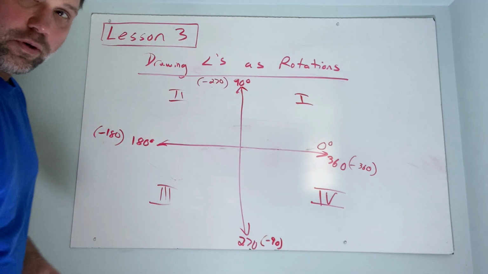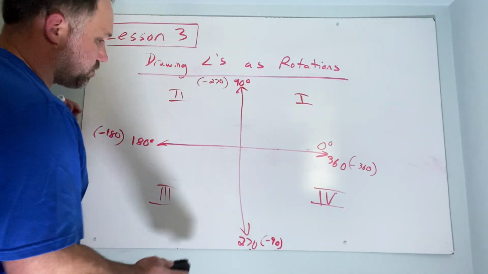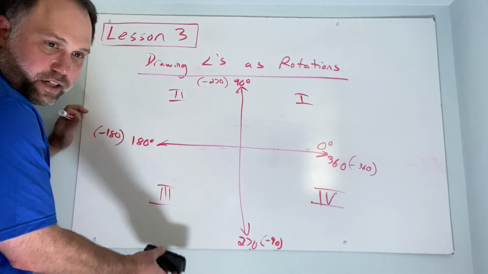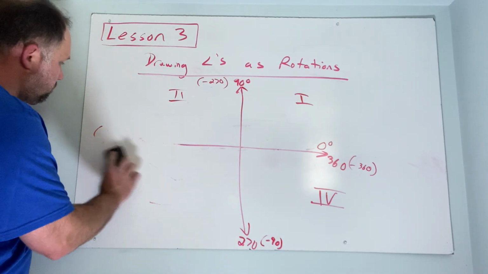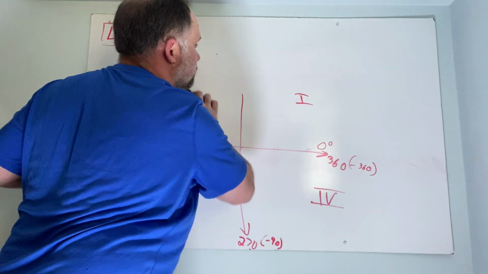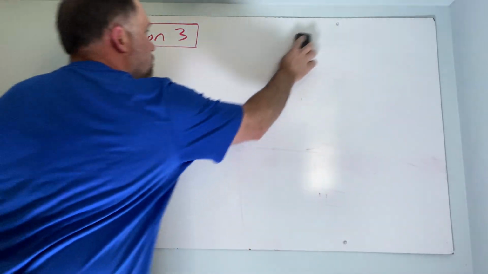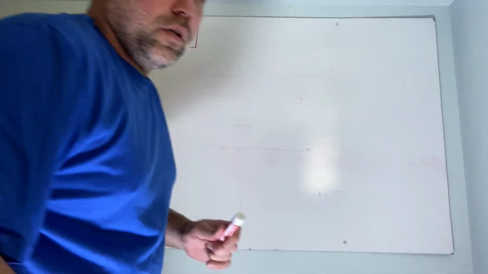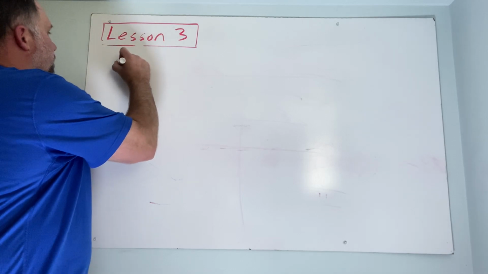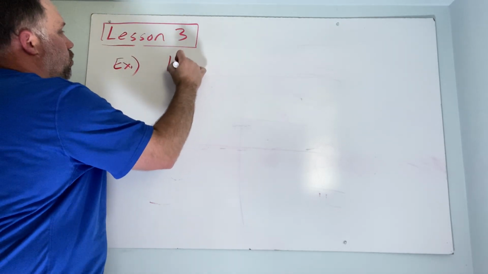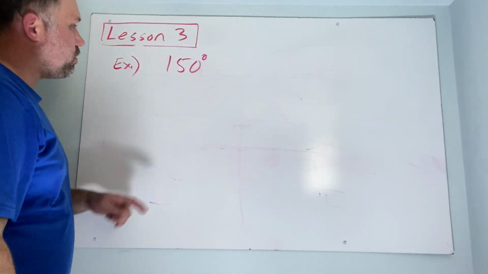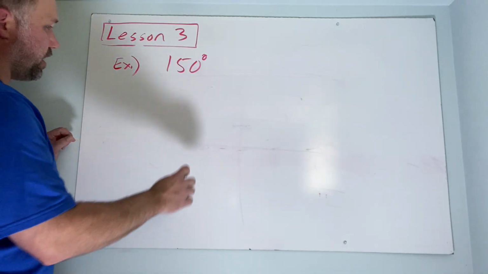So I'm going to show you a couple quick examples of sketching some angles and determining what quadrant they're in, to show you how that works. So the first angle I have is, let's say for example, I wanted you to sketch a 150-degree angle and tell me what quadrant it lies in.